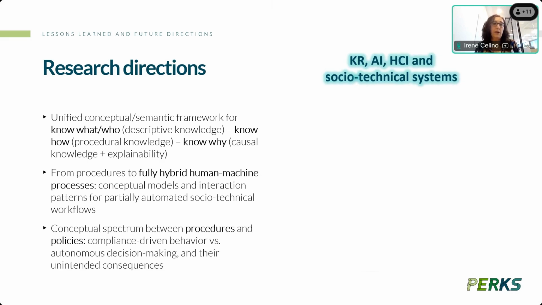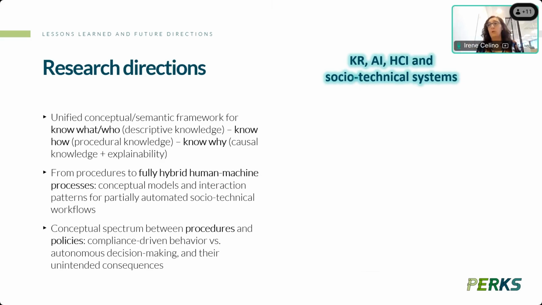Another important thing, you can interpret procedures as laws to comply with, or you can interpret procedures as policies and guidelines to follow as much as you can or as much as you want. For example, one important requirement that we got from users was, okay, I want to be guided in the execution of the procedure, but if I want to deviate, I have to be allowed to deviate.